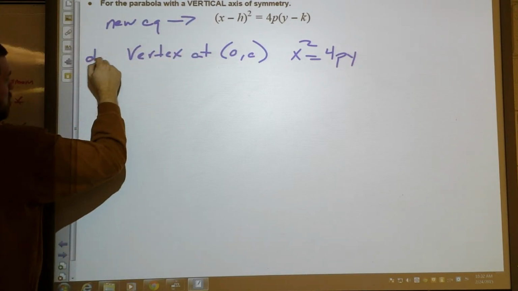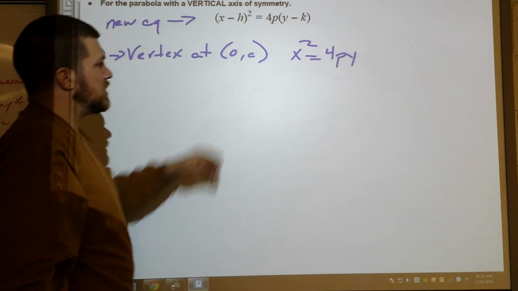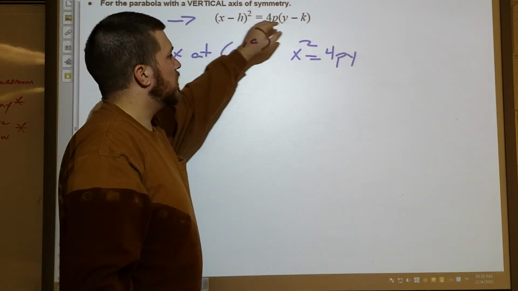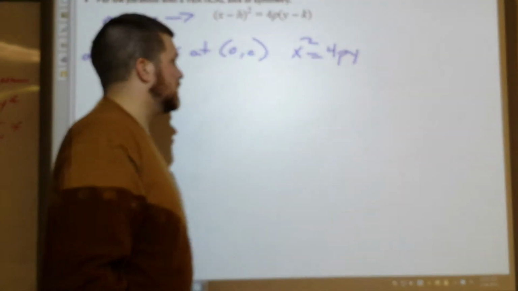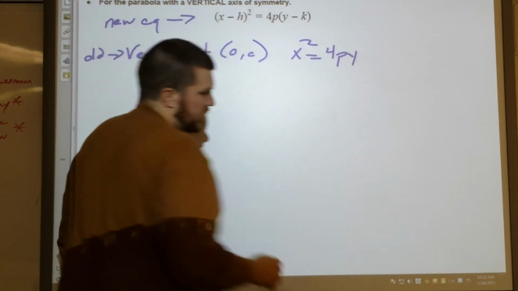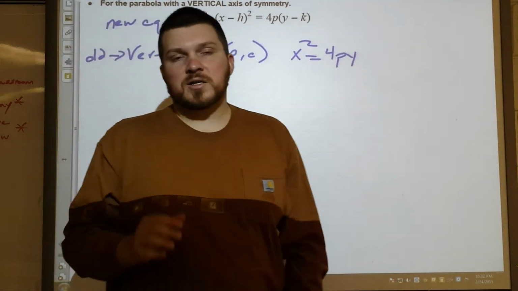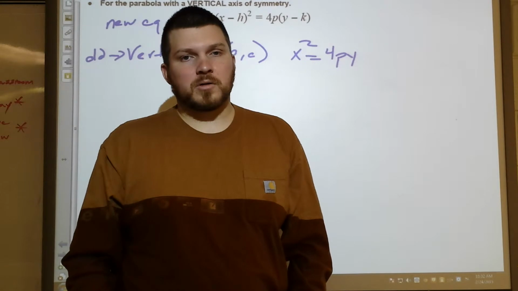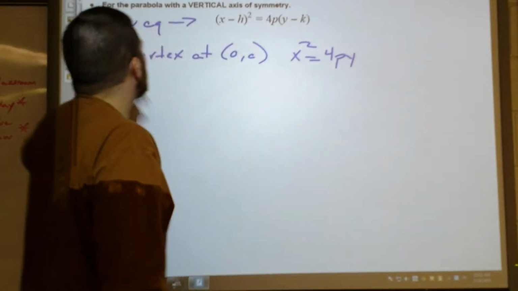This is the old. So again, you can see x is still getting squared, y is still staying the same. The only difference is our vertex is not stuck at 0, 0. It can be anywhere on the graph, h, k.